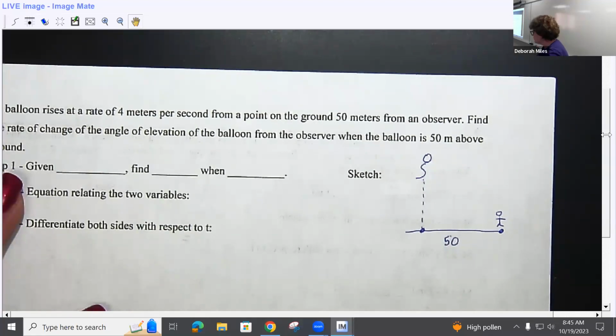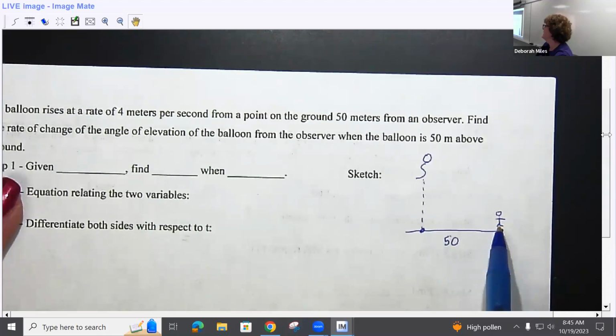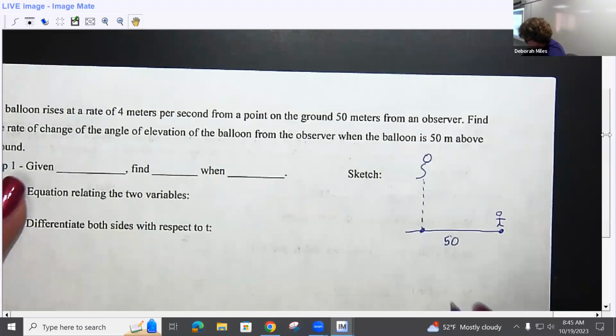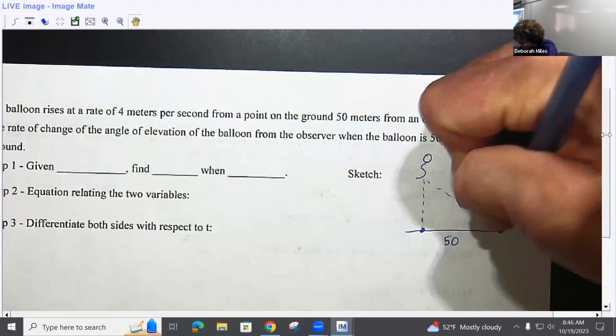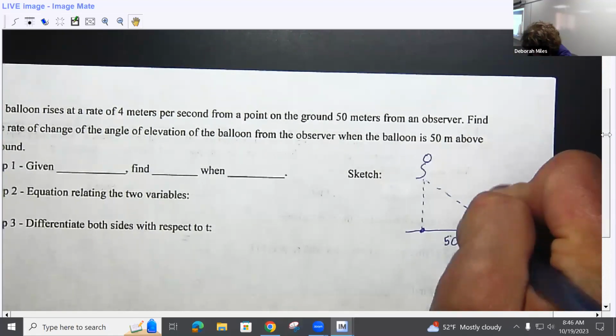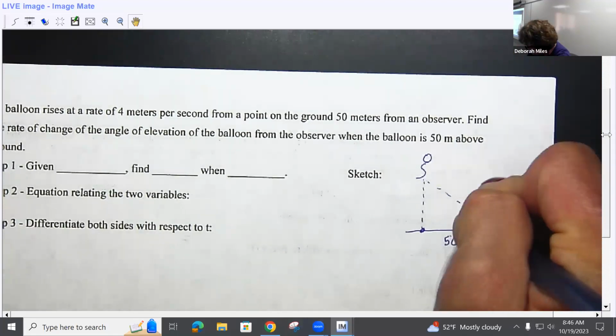Remember, angle of elevation is always, always, always with respect to the horizontal. It's how much the observer has to crank his head back to see the balloon. That's the angle of elevation right here with respect to the horizontal. And let's just call it theta.